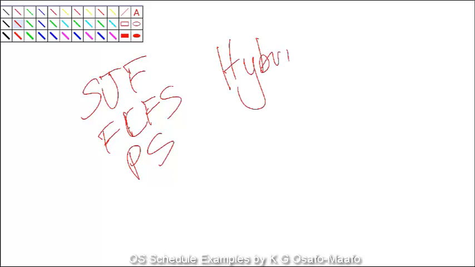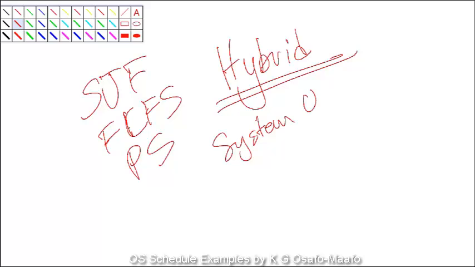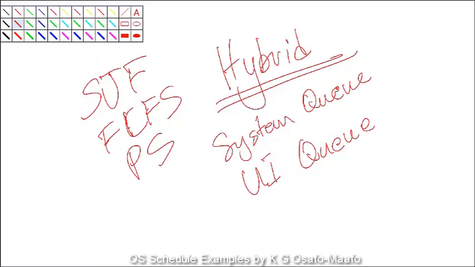Hybrid approaches means you can have 2 or 3 different types of queues. For example, in some operating systems, you could have a system queue and a user interface queue. System processes, maybe the file system, networking, security, a lot of things that have to do with the system directly, run on a system queue.